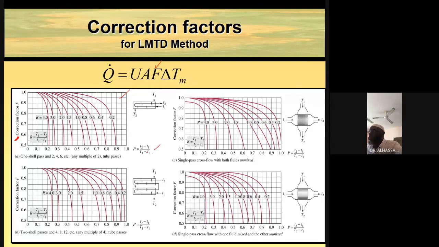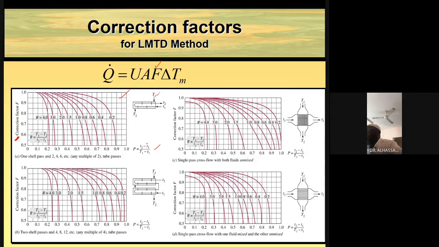P equals t2 minus t1 divided by T1 minus t1. And what is this t? Small t1 is the temperature of the tube inlet, and small t2 is the temperature of the tube outlet. Big T1 is the temperature of the shell inlet, and big T2 is the temperature of the shell outlet.